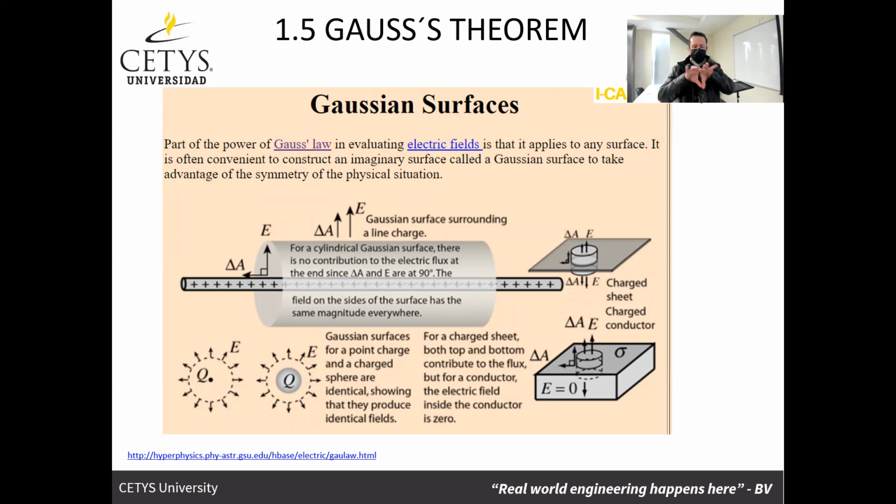If I'm going to analyze a line, or a disk or a ring or a sphere or anything, I'm going to imagine that I'm covering that in an imaginary surface that completely encloses it. And so therefore the charge is going to be completely enclosed, and that's going to help me for the analysis. And that's what's called a Gaussian surface. Next session, we're going to be doing a couple of examples of finding electrical fields using Gaussian surfaces.